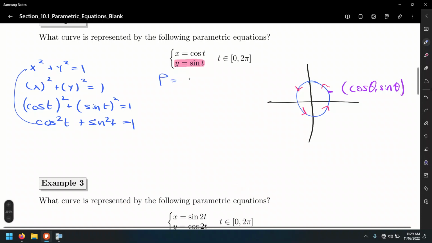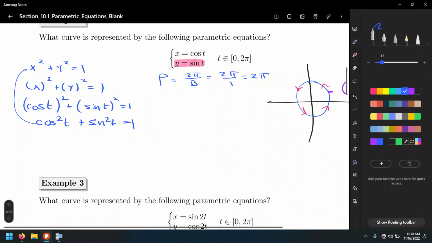So the period is 2 pi over b, where b is the number that multiplies the variable t inside of the angle of the function. In our particular case, b equals 1. So 2 pi over 1, which is 2 pi. That means that the graph of sine will have a period of 2 pi.